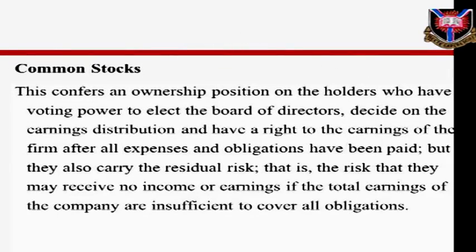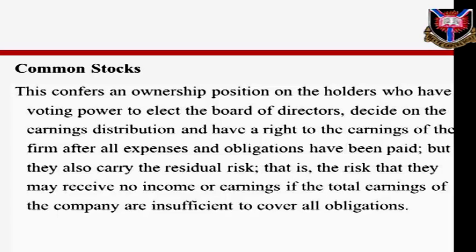Common stocks. This confers an ownership position on the holders, who have voting power to elect the board of directors, decide on the earning distribution, and have a right to the earnings of the firm after all expenses and obligations have been paid.